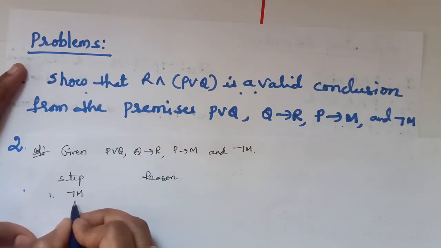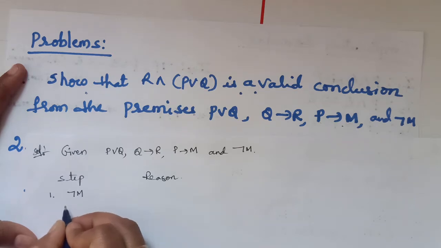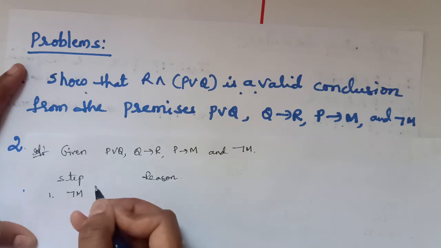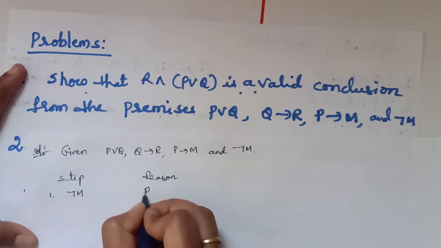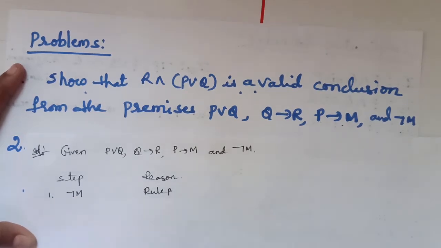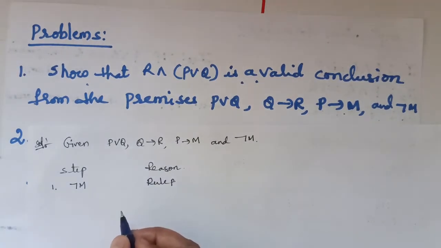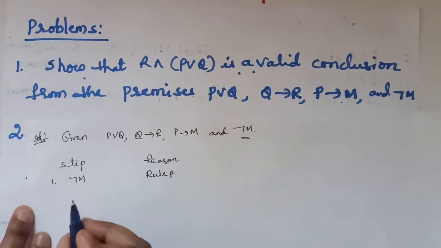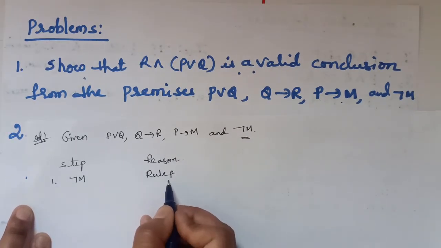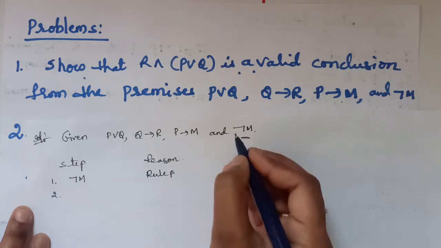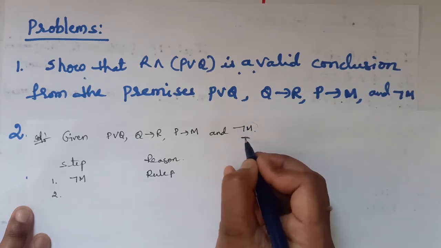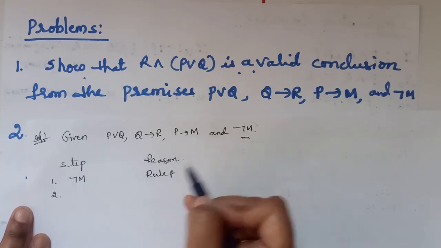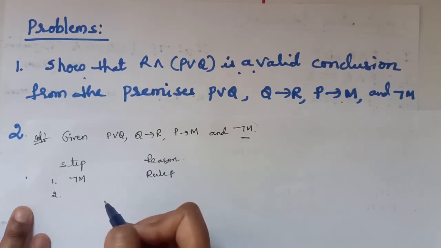We have just discussed Rule P and Rule T. If you introduce any premise in the derivation, that is Rule P. I have introduced the premise negation M, so that is Rule P. We have introduced this premise already, so we cannot use the same premise again.